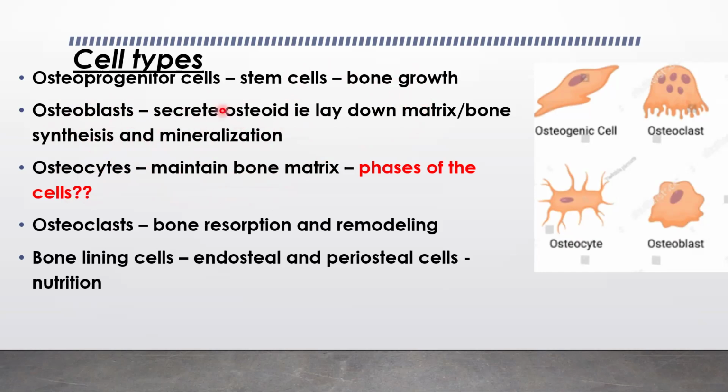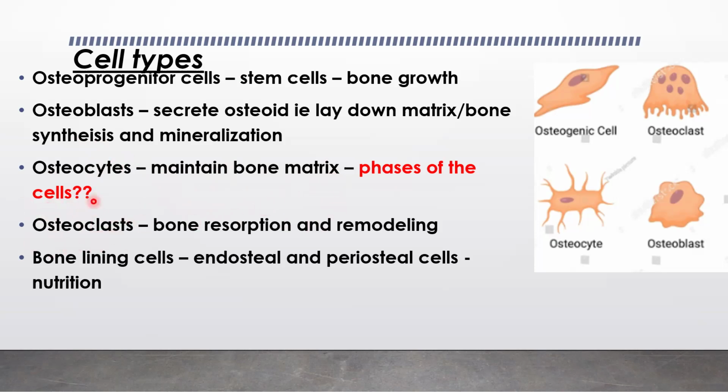Remember, osteoblasts, after secreting osteoid, become osteocytes, and that osteocyte is now the one that will be inside the lacuna. A question I can pose to us: what are the phases of osteocyte development? These three stages of osteocyte development, we should have at our fingertips.